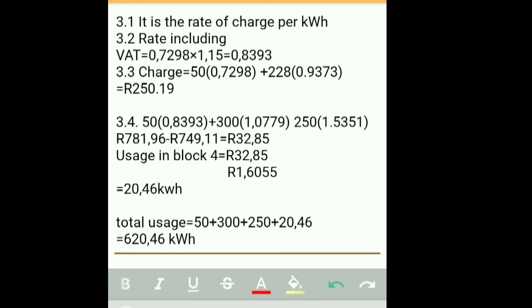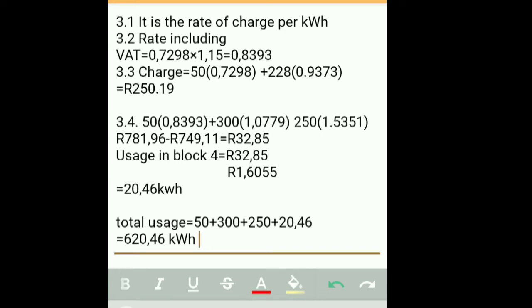Then we got the answer. The answer was 749,11. Then we minus the answer by the figure that we got at the end of January 2020 that Nelson paid, 781,96. We got 32,85.